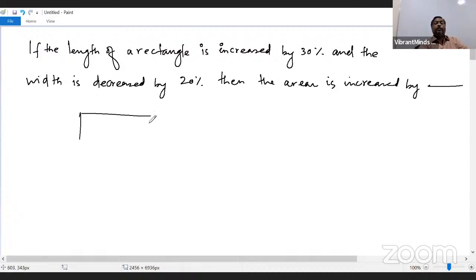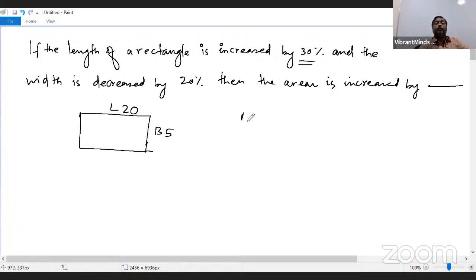Suppose we are going to solve it by this method. This is my length, this is my width. I will take one convenient unit, and that is 20 and 5. So 20 is the length and 5 is the breadth. Now, length is increased by 30%.